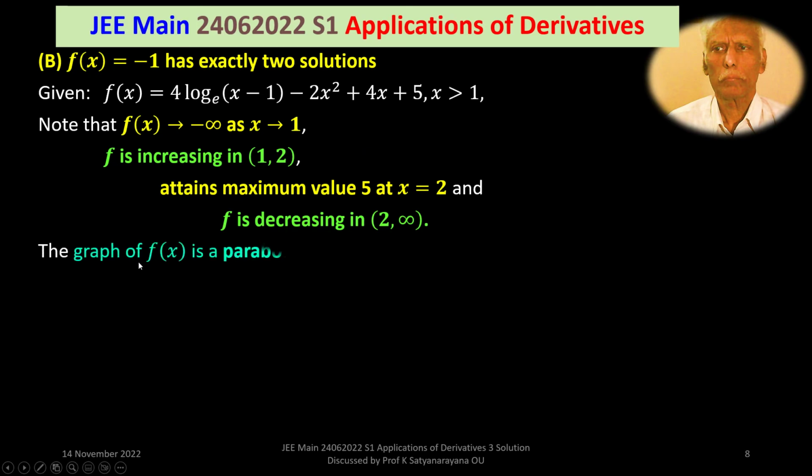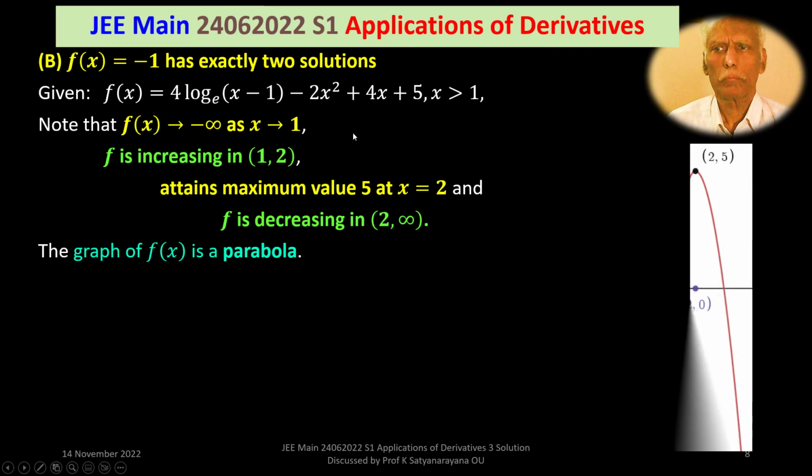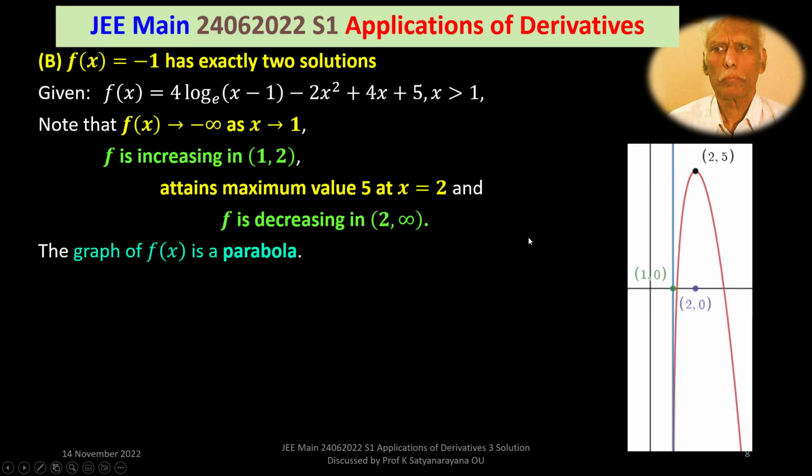So the graph looks like this. The blue line is the asymptote, x is equal to 1, and this is your parabola, vertex at (2, 5), and opening downwards.